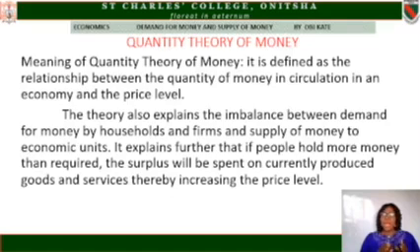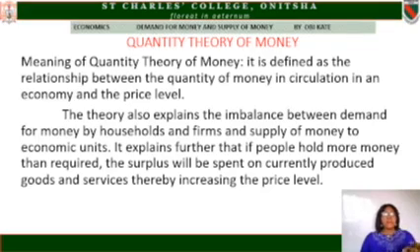Then we now go into quantity theory of money. What do we mean by quantity theory of money? It is defined as a relationship between the quantity of money in circulation in an economy and the price level.